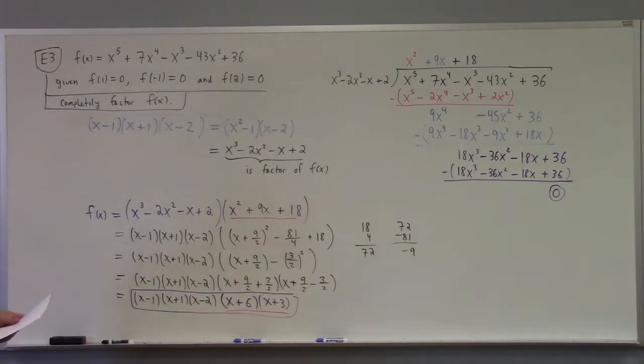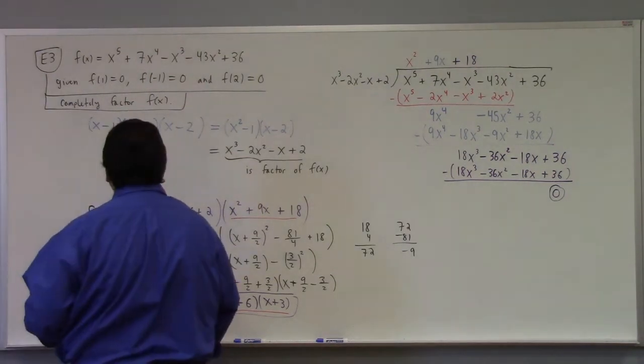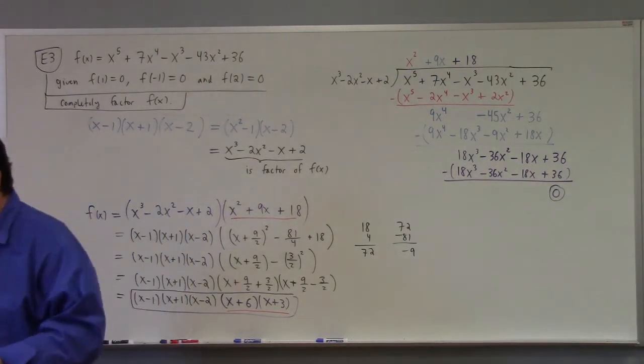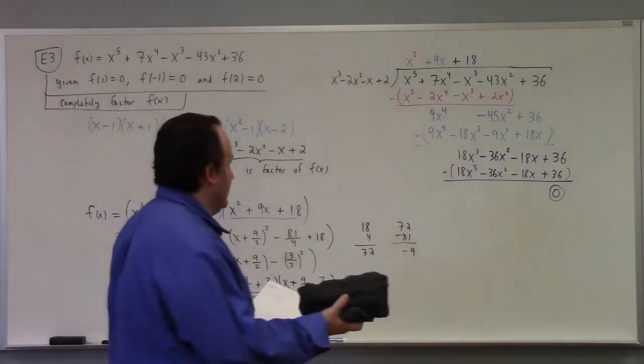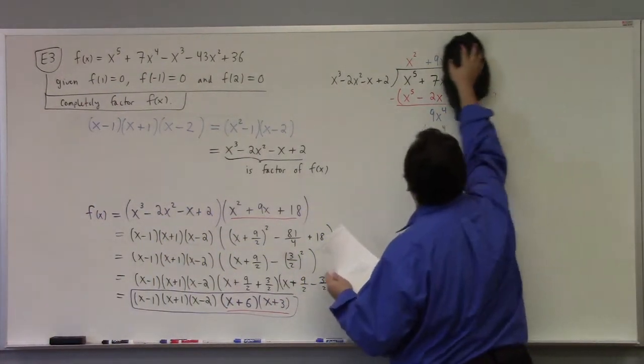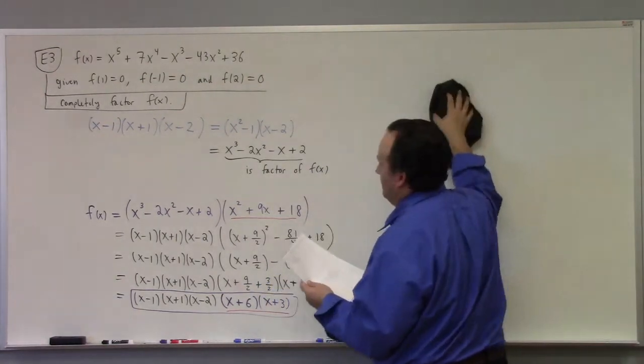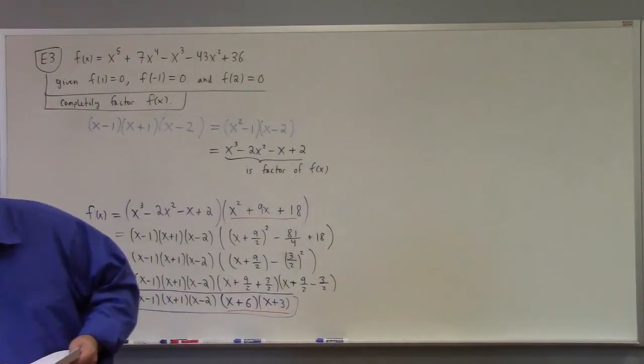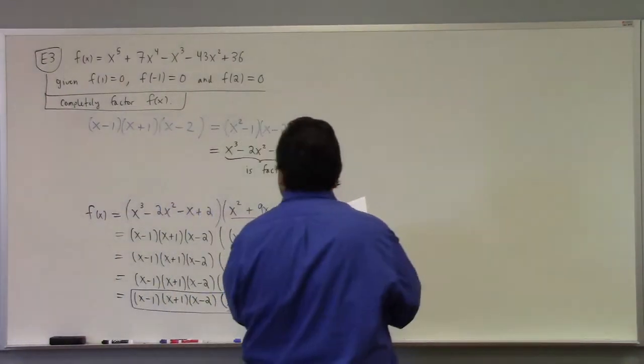Let's do another one. I'm going to jump straight to the long division this time, all right? I'm going to forego the setup, because I'm a little bit short on time here. Example 4.